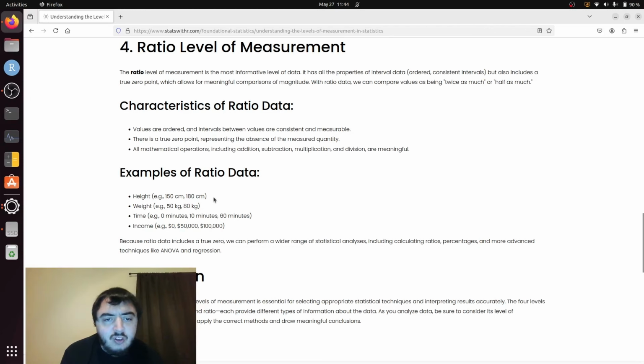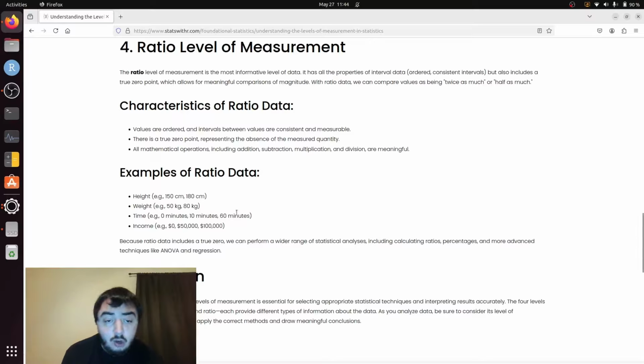And of course, if we're talking about a person, that can't happen, but still, someone that's 300 centimeters tall would be twice as tall as someone that's 150 centimeters tall. And that still doesn't make sense, because that's really tall, isn't it? Whatever. It doesn't matter. It's ratio. Weight, once again, 0 is the absence of weight.